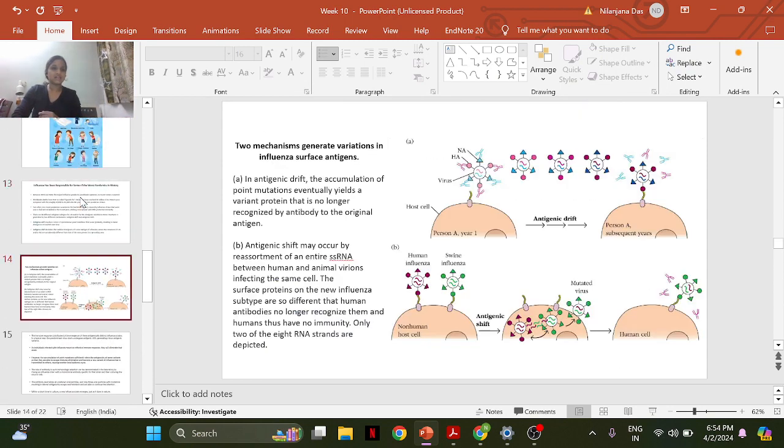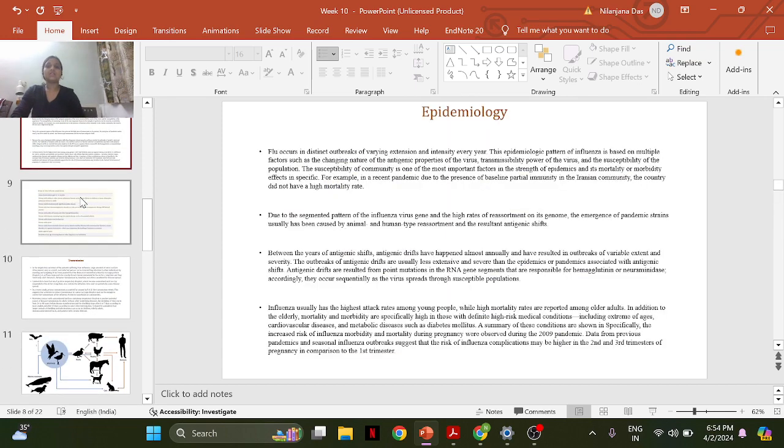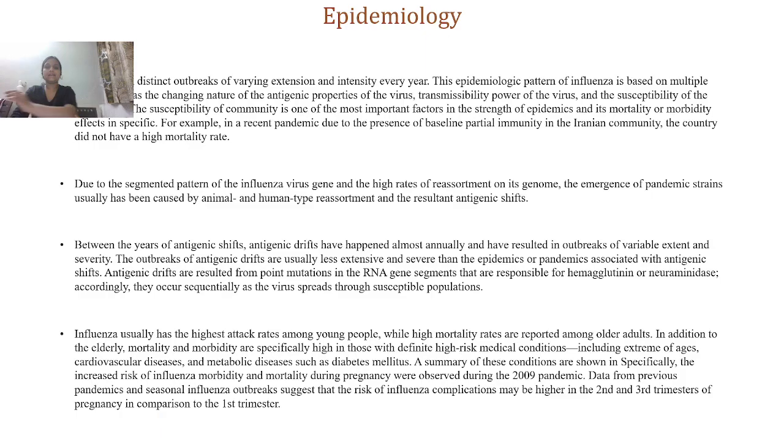So there is a term known as antigenic drift and antigenic shift, which I will tell later. Between the years of the antigenic shift, antigenic drift happens annually and has resulted in outbreaks of variable extent and severity.